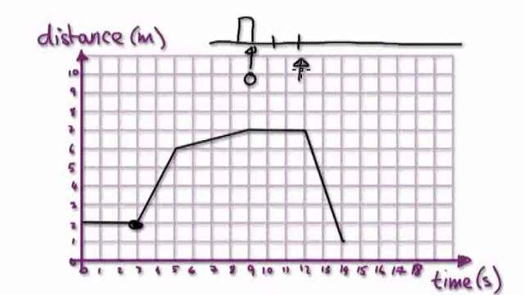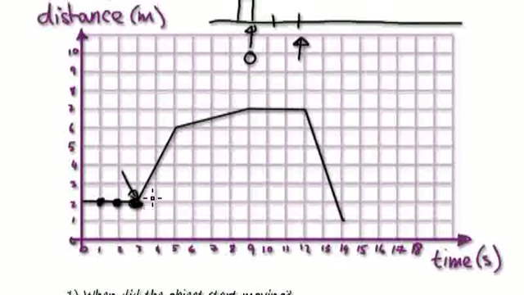We started here. So after 1 second, you are still 2 meters away from the post office. After 2 seconds, you are still 2 meters away from the post office. After 3 seconds, at 3 seconds you started moving.